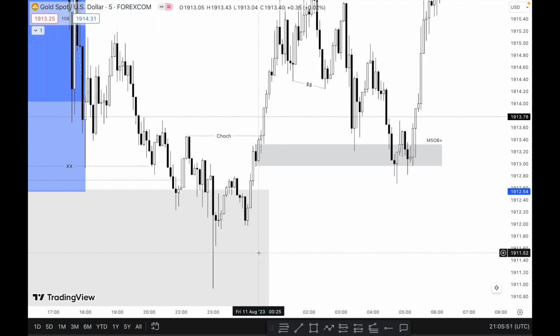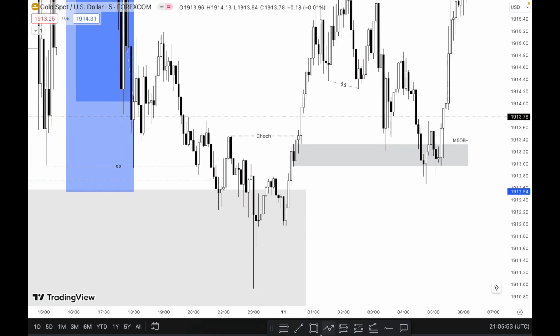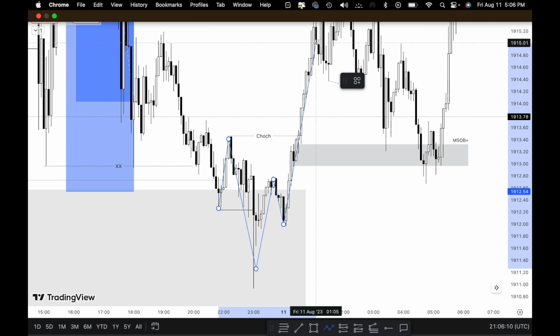Now, like I said, remember what I said. Price is gonna push up, come back down. This is exactly what I have on my chart that I just showed you guys. Boom. Now you're gonna see a boom, boom, boom.